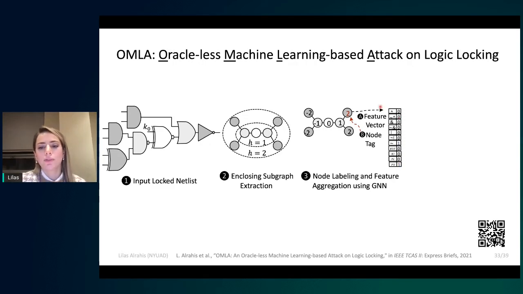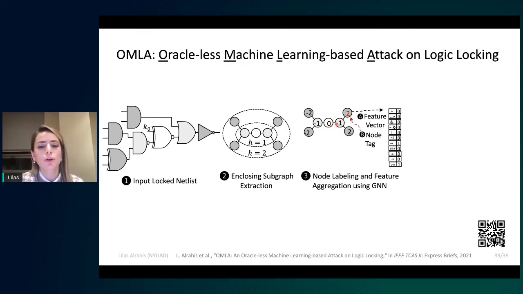Now, in addition to the feature vector, in Omla, again, we are interested in performing graph-level or subgraph-level classification. So the GNN will be looking at the entire subgraph. We want the GNN to still be able to identify the key gate, because the key gate is a unique gate in this subgraph. That's why, in addition to the feature vector that captures the Boolean functionality, we also perform some structural labeling. We specifically label the key gate using the zero label, so only the key gate will get the zero label.